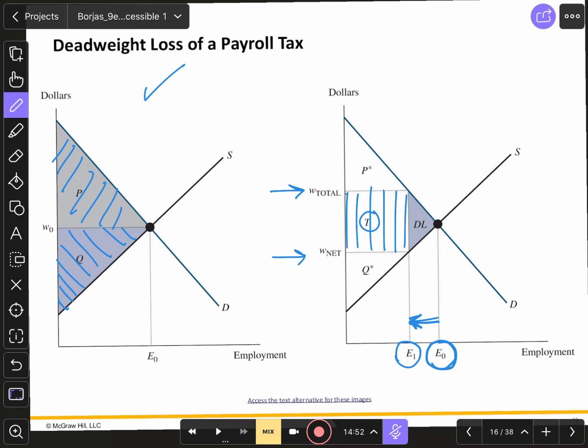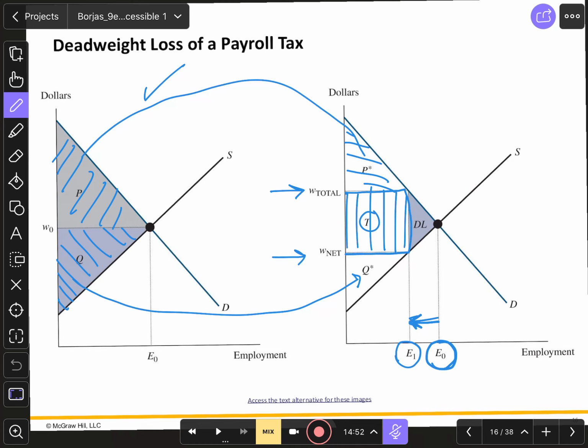Compare this triangle P versus this triangle P. Compare this triangle Q versus this triangle Q. The imposition of taxes, which is the difference between the total and the net wage, gives me the dollar value of taxes, which is in this square. It means shrinking of the producer's surplus and the worker's surplus, and it's actually a surplus going to the government.